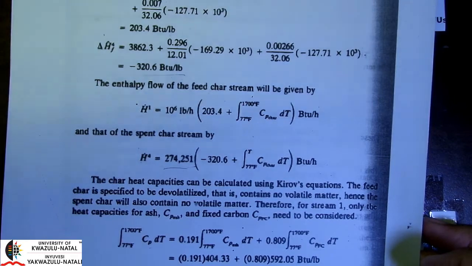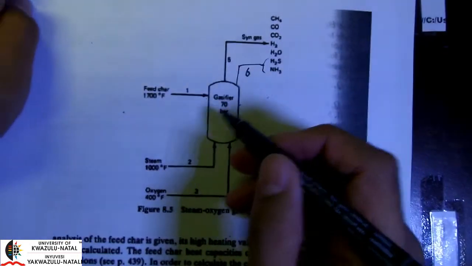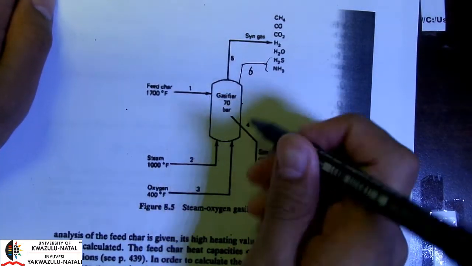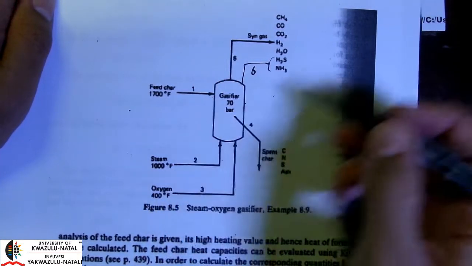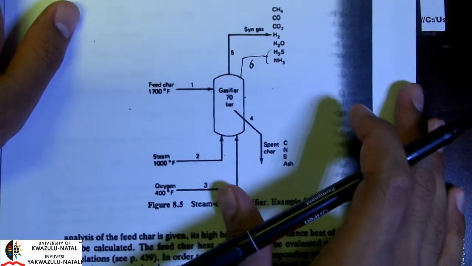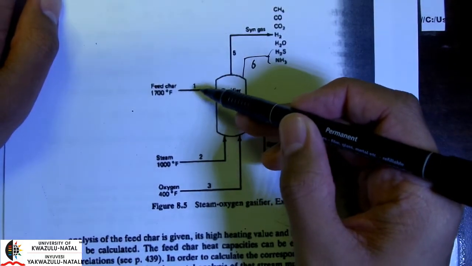We can now look at our diagram here. And another issue with the element balancing, or the fact that we don't know our reaction stoichiometry, is that we will need to perform our energy balancing by using our heats of formation, as we've previously mentioned.